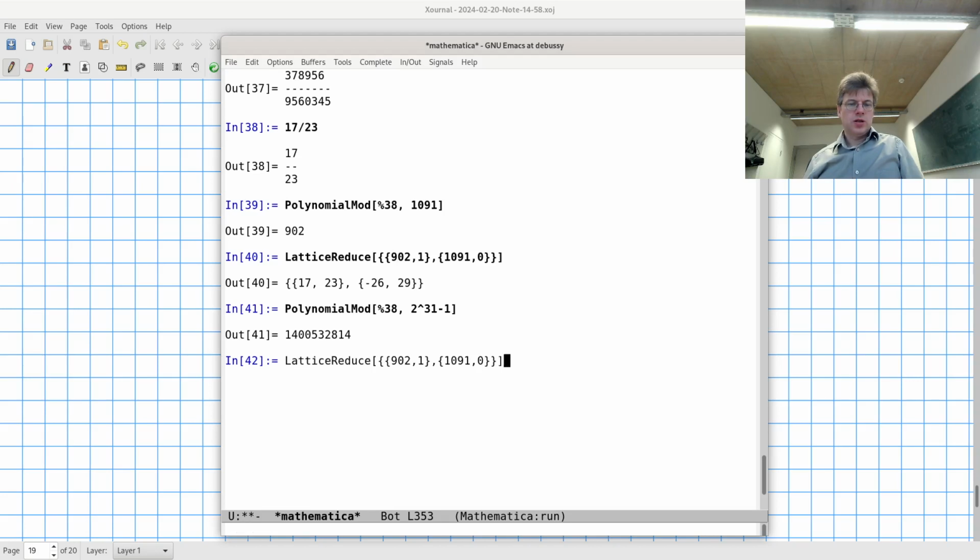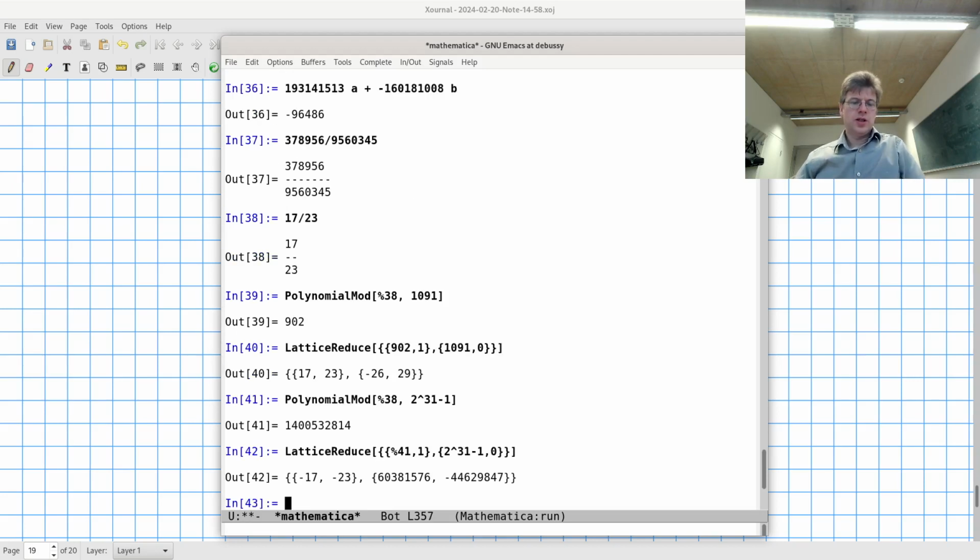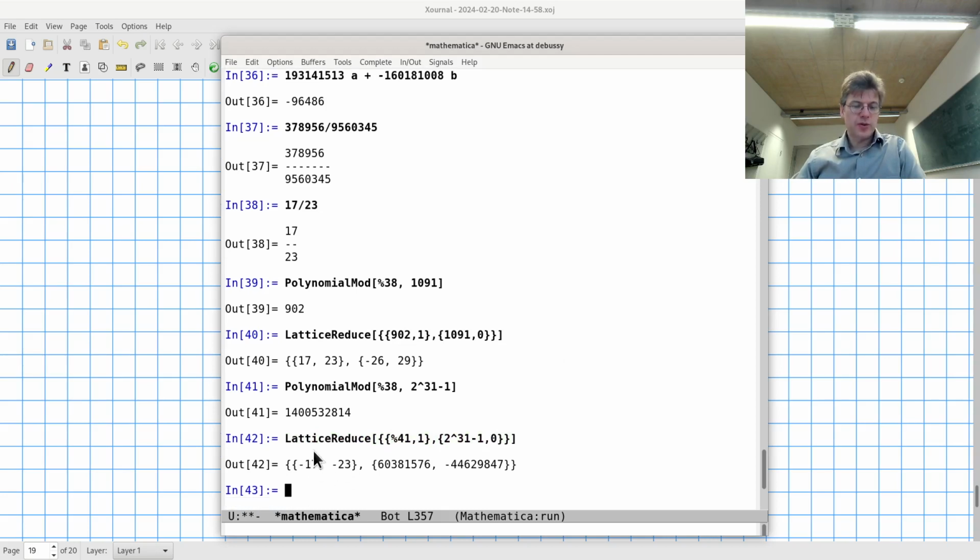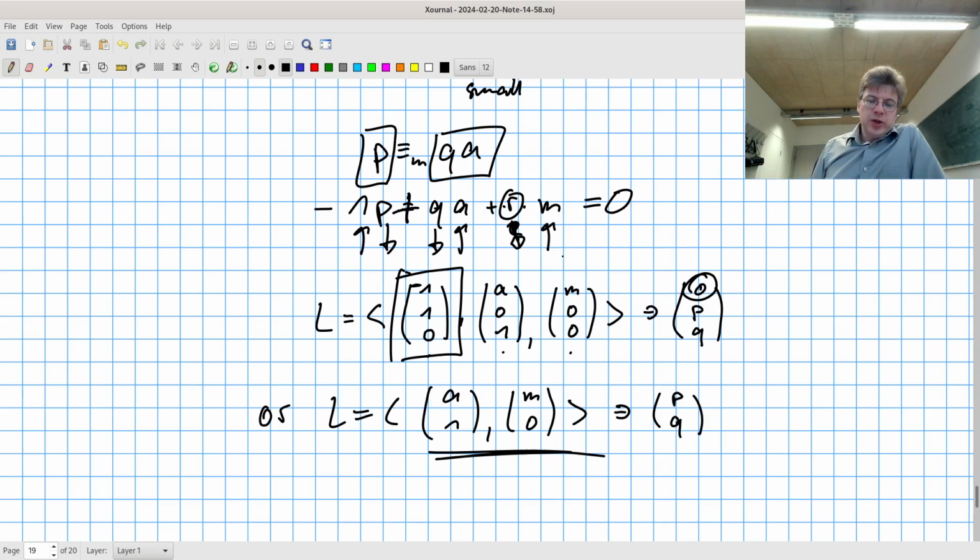And then you have this A, 41, 2 to the 31 minus 1. Here, and you see this doesn't change, but this gets bigger, so that's an indication you found something reasonable. Okay, so I hope you are convinced that LLL is a really useful tool.